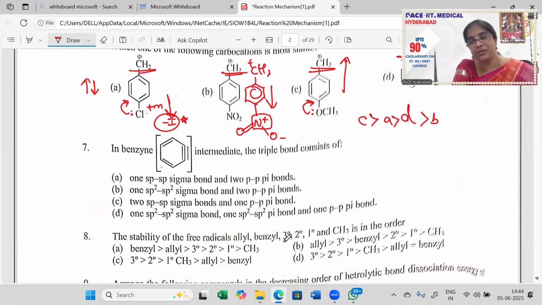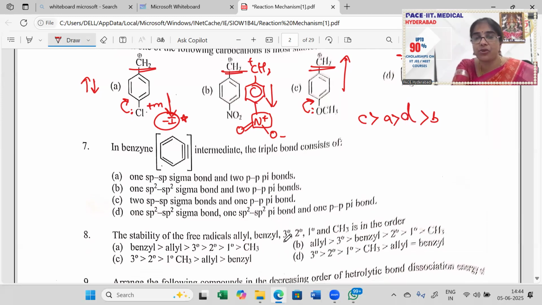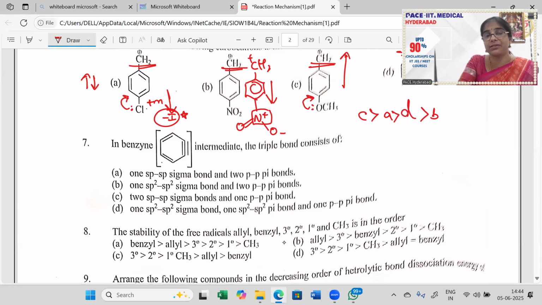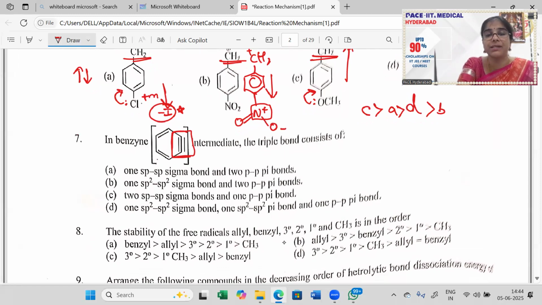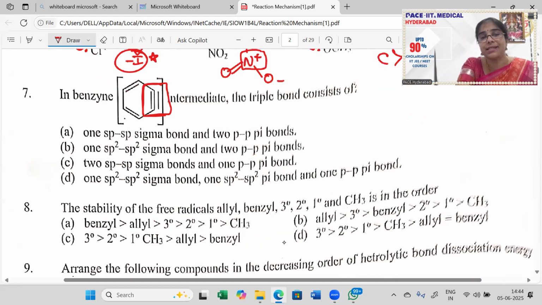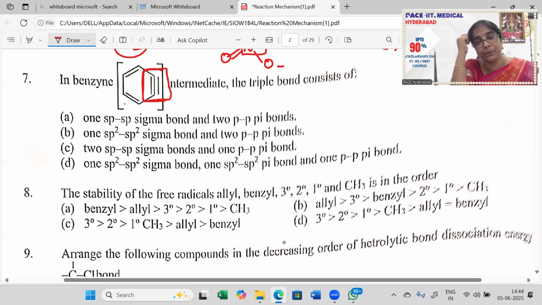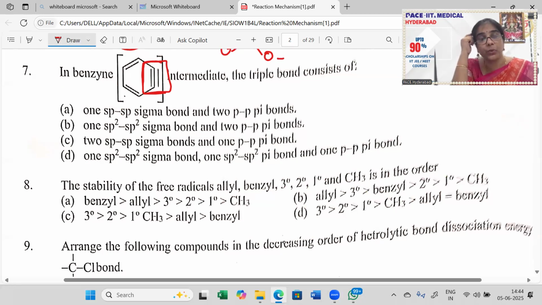Next, in the benzyne intermediate, the triple bond consists of what? This is a very special case of benzene, wherein it is an intermediate. You have a yne part there. Do you see this part? This is the yne part, and this is that partial double bond, triple bond that comes up because of the overlapping of sp2 orbitals.